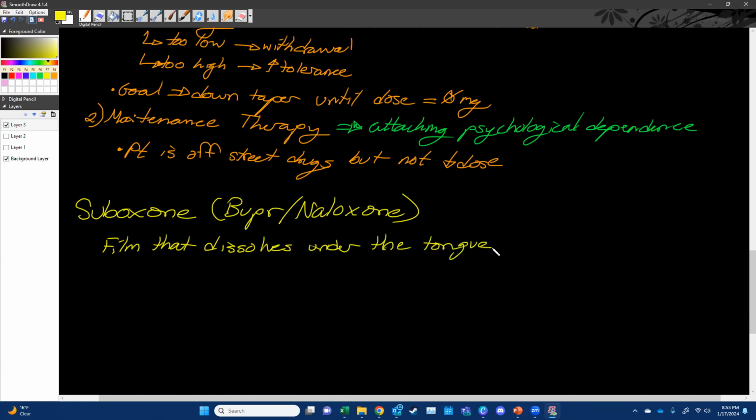Or maybe it's like a sublingual tablet, something like that, depending on what you have. And why would we want to use both buprenorphine and naloxone if both are going to be in the same tablet? Well, what's the risk of someone having buprenorphine and naloxone at the same time?